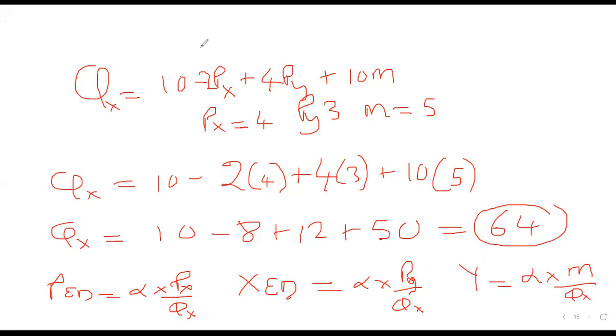These are alphas. So the alpha for X is -2, the alpha for Y is +4, and the alpha for M is 10. These are just slopes. Then we already calculated our QX to be 64.